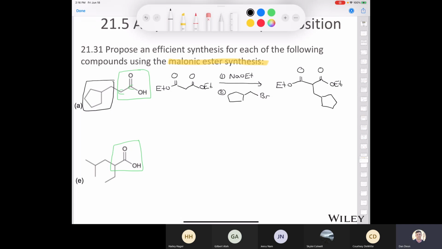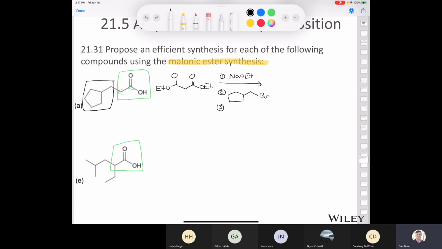cyclopentyl ring like that. So then in the last step, we treat it with aqueous acid. We hydrolyze both of these to carboxylic acids. We do a decarboxylation. And so in the end, we're going to end up with the final product. So I'm just going to delete all this for now, and for step 3, why don't I do it like this?